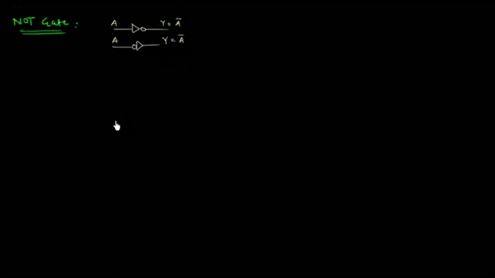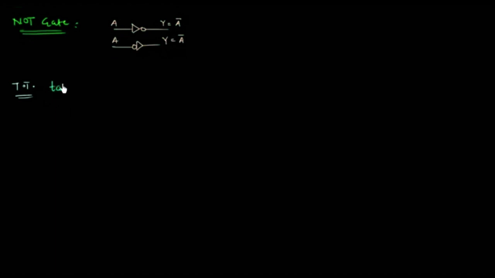Now we will move to truth table. But first I want to discuss what is truth table. Then we will see truth table for NOT gate. It is the table having outputs from all possible combination of input or inputs. So let me write this down.